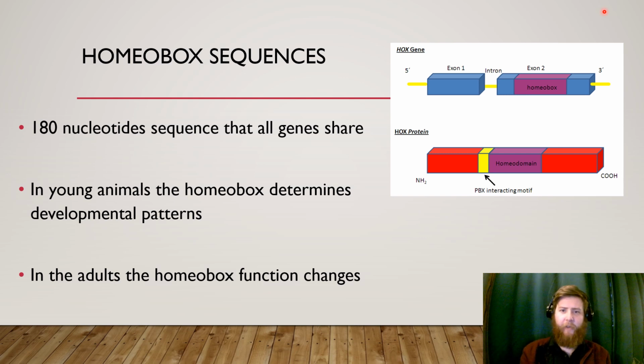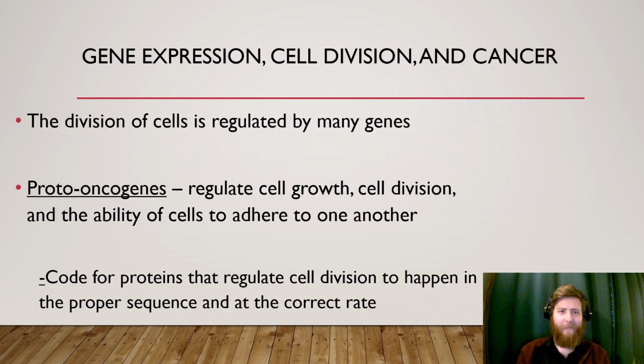So it changes a little bit, but you can see that this protein here has this homeotic gene, this purple gene inside of it. Now, usually it will get cut out and it won't be used, but it's in all of these genes because it's very important. All right, so now we're going to talk about gene expression, cell division, and cancer.